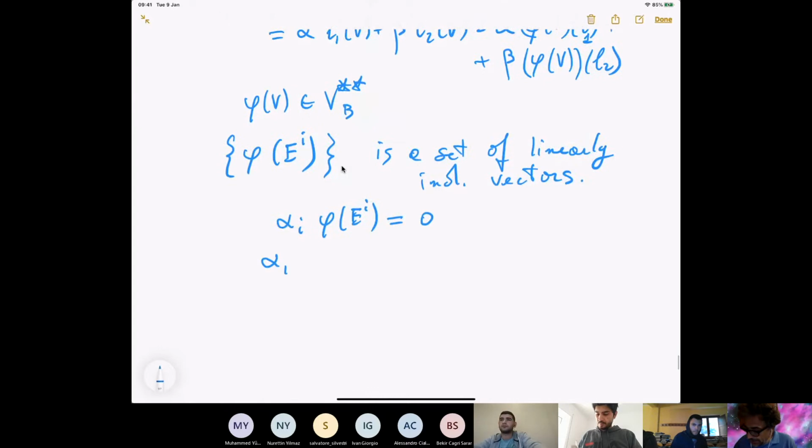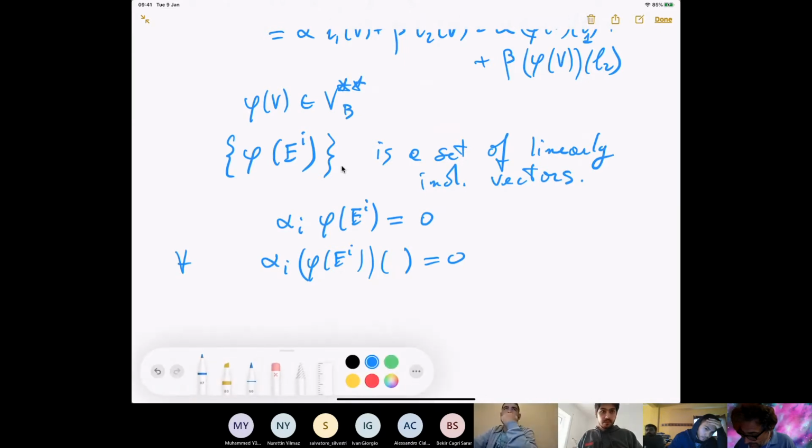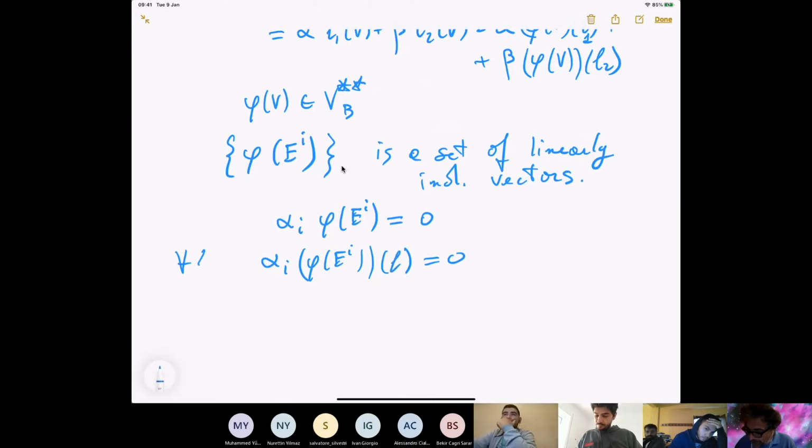So alpha I phi E I applied to L is equal to 0 for every L belonging to V star B. Okay.